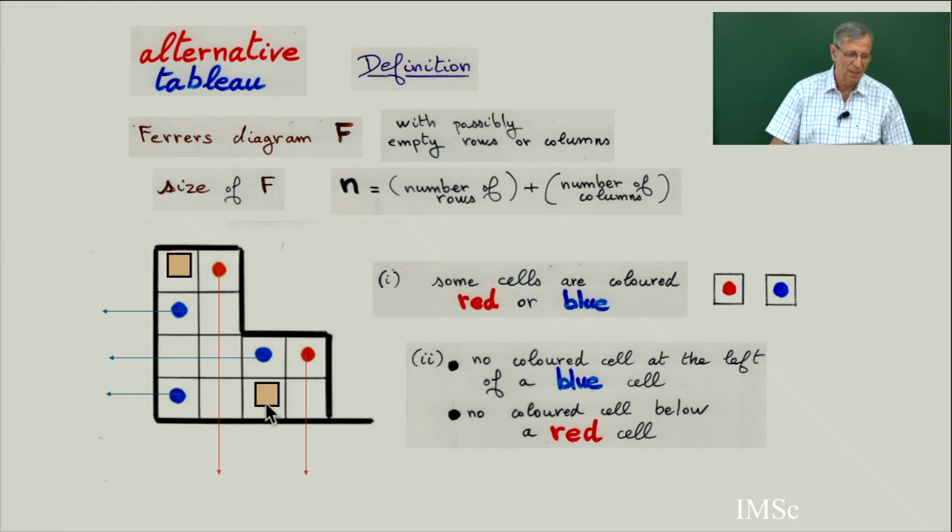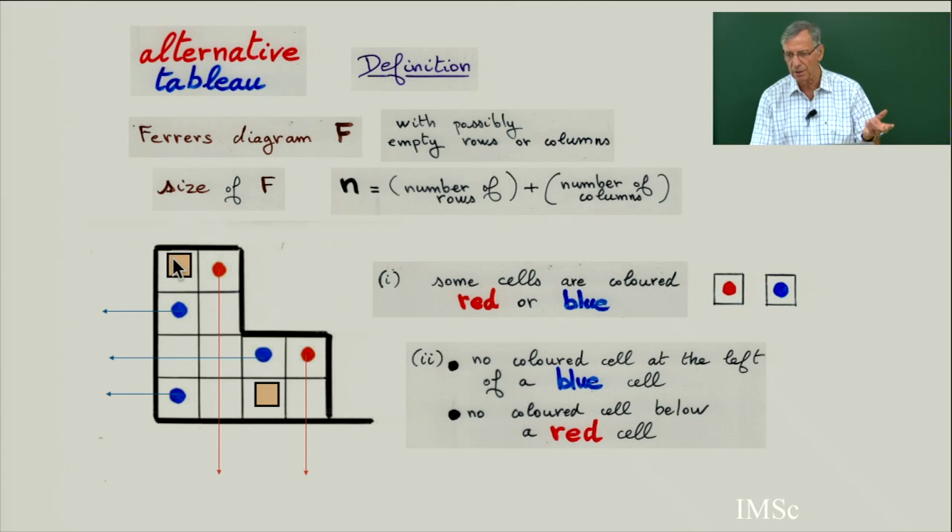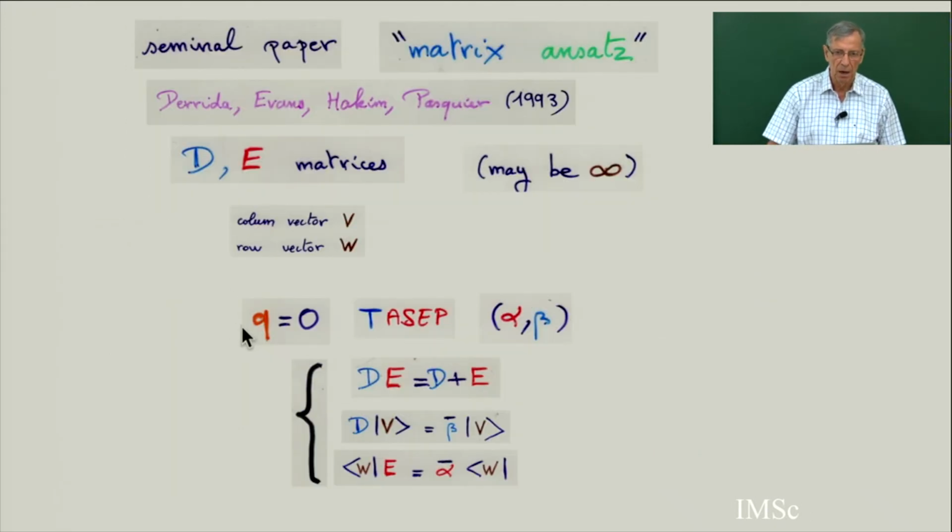And the cells which are not blue, not red, and which have not been crossed by a blue line or a red line are these cells in yellow. We have seen that the number of these cells corresponds exactly to the q analog, the q parameter in the PASEP. So if I put q equals 0, I get this TASEP algebra, DE equals D plus E, this is the matrix ansatz.